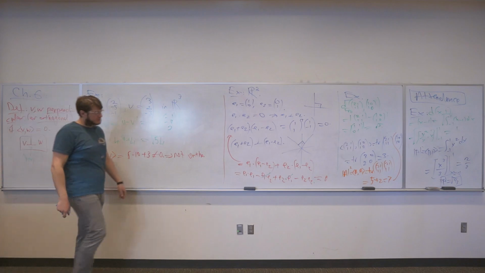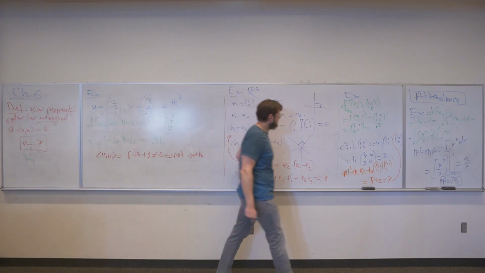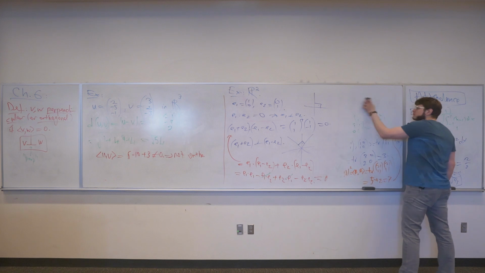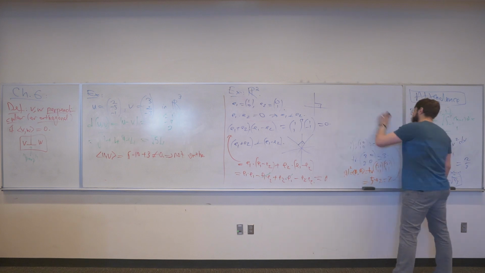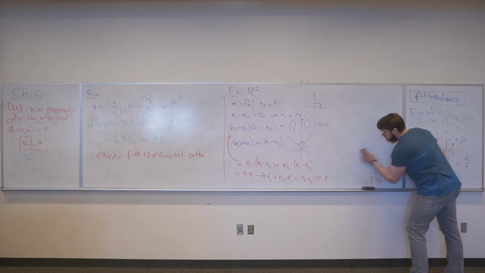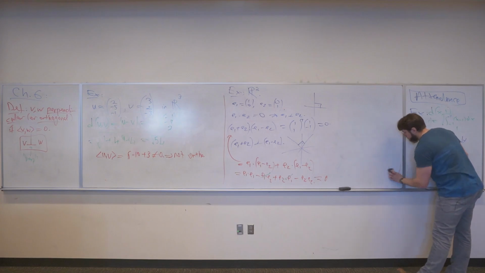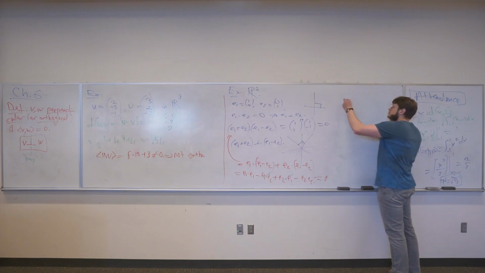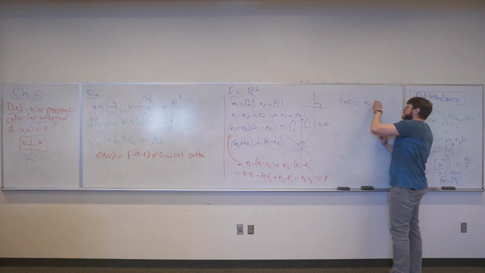Now note that E1 dot E1 is just 1. So the norm of E1 is the square root of E1 dot E1.